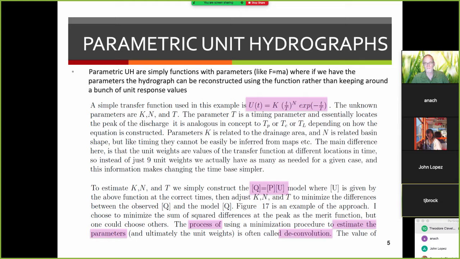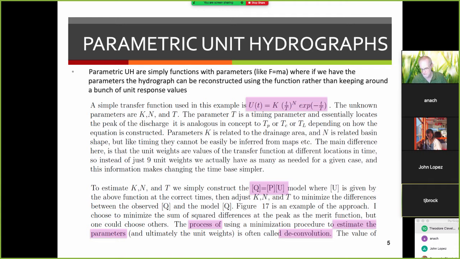Consider I pulled this function out of the air. Now, it wasn't completely out of the air because I picked a function that I know has kind of the right shapes. So the unknown parameters we have are k, capital N, and t. And in terms of associating with common names, t is a timing parameter and it locates the peak of the discharge.